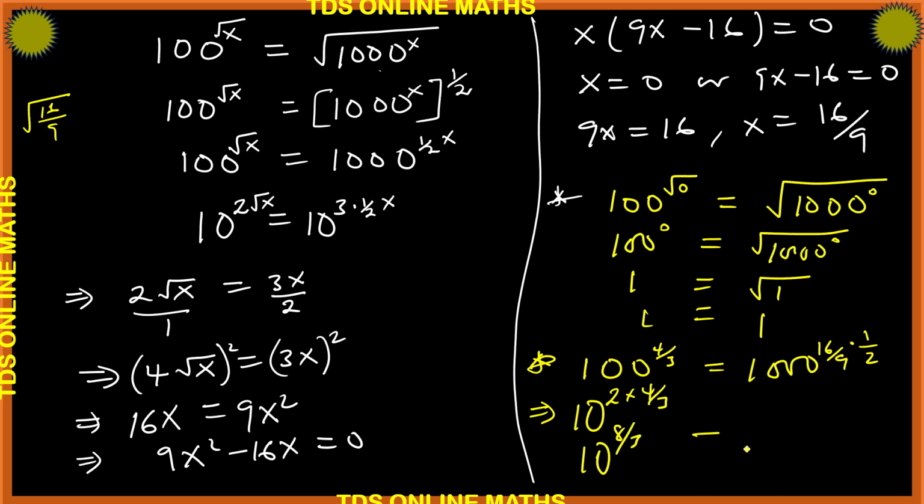Now let's check the other side: 10 to the power 3 times 16 on 9 times half. Cancelling, 2 here 1, 2 here 8; 3 here 1, 3 here 3. So we have 10 to the power 8 on 3. Hence, it's satisfied. So that's it.